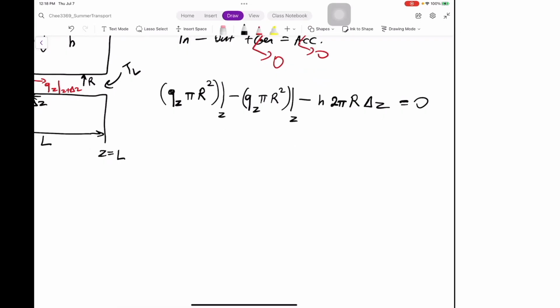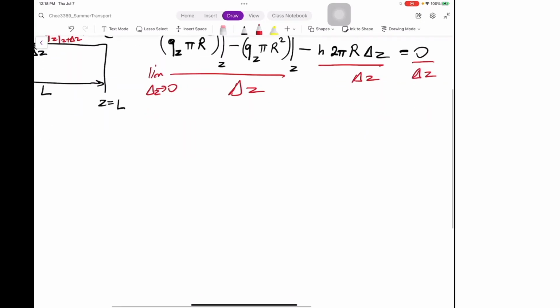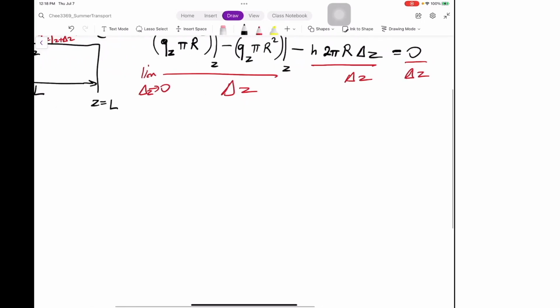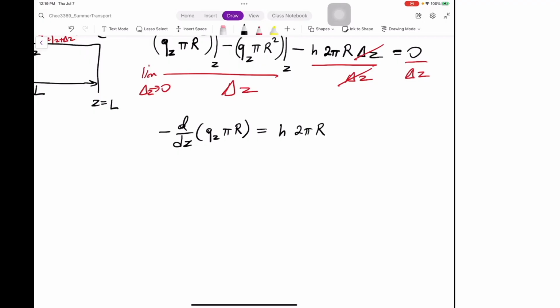If you divide by delta z and take the limit as delta z goes to 0, you find that the negative derivative with respect to z of Qz pi r squared is equal to h 2 pi r.